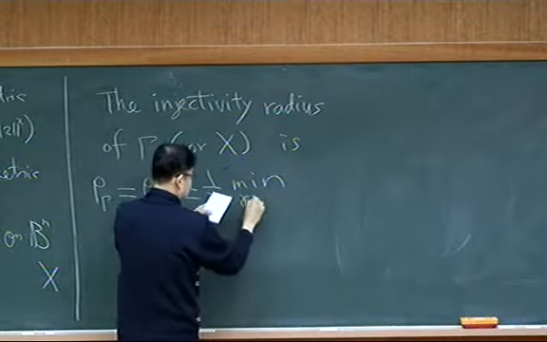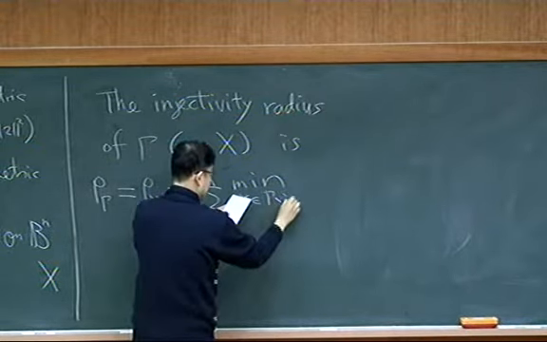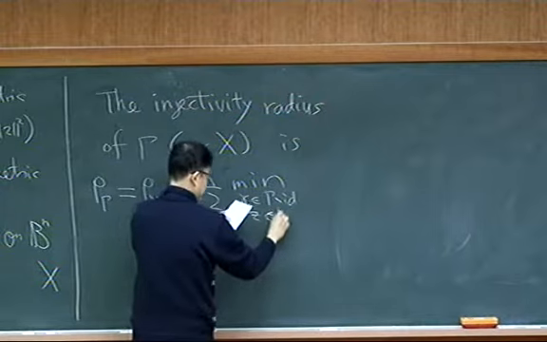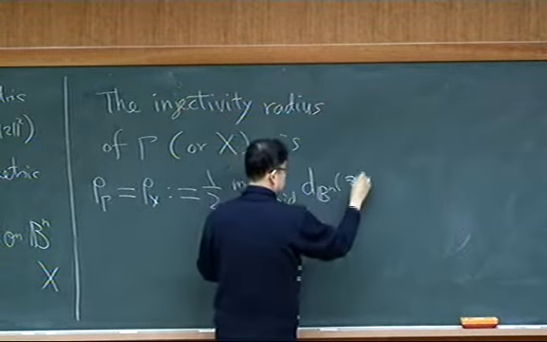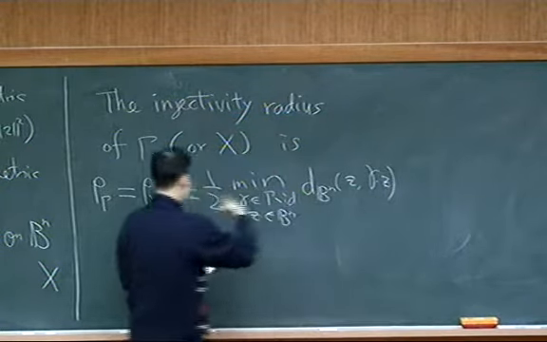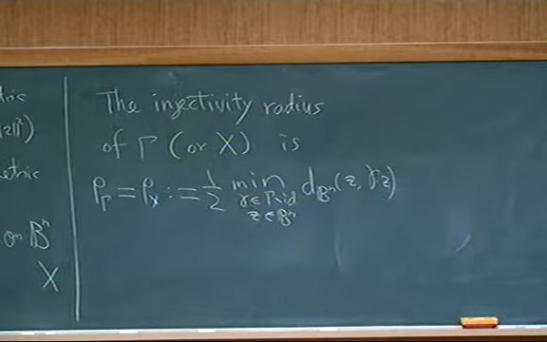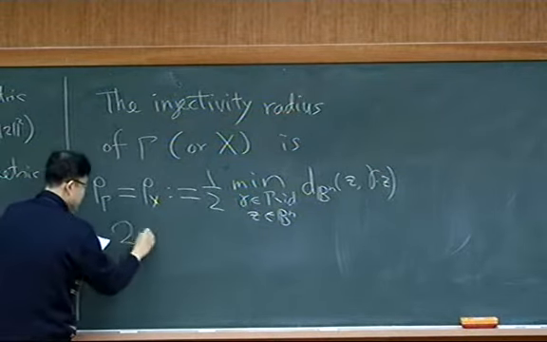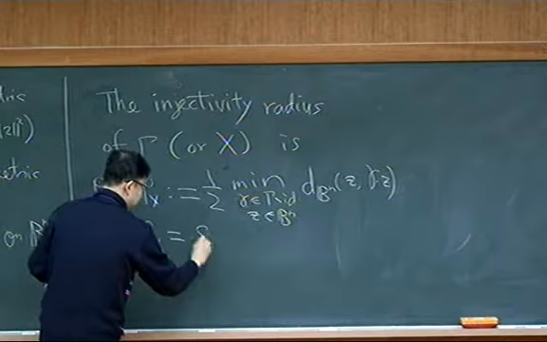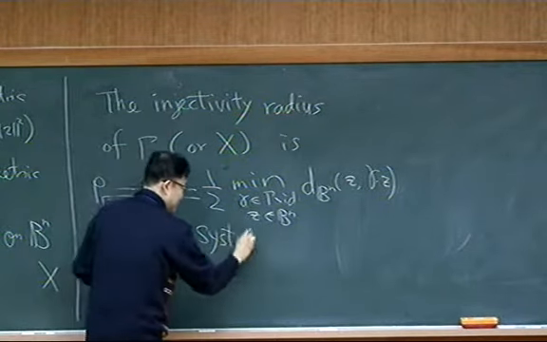Let me first just write the definition. So that's the definition of injectivity radius. And geometrically, this is 2 times rho_X, what's called the systole of X.